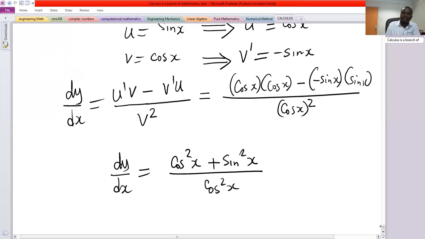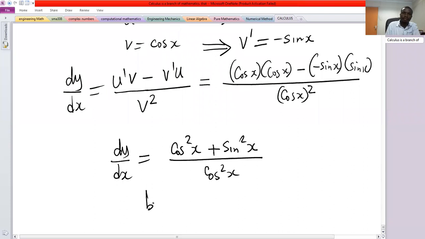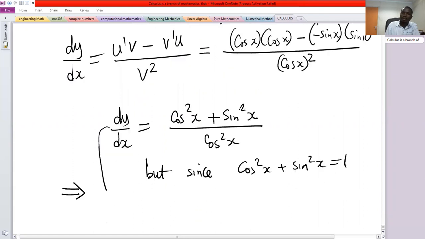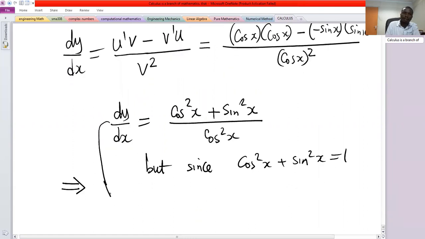But we know that cos squared x plus sine squared x is 1. Then this implies that this derivative will simplify to dy dx equals 1 over cos squared x.